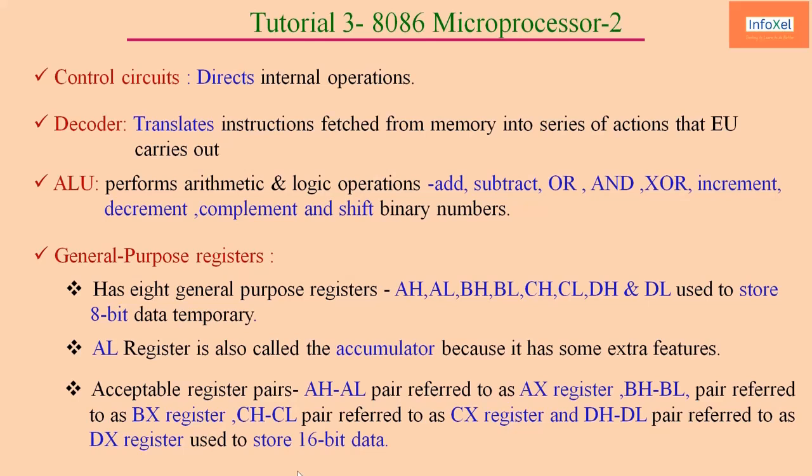And finally, we can pair DH and DL, referred to as the DX register. AX, BX, CX and DX are used to store 16-bit data, whereas AH, AL, BH, BL, CH, CL and so on are used to store only 8-bit data, not 16-bit data.